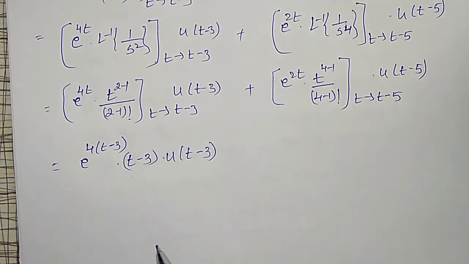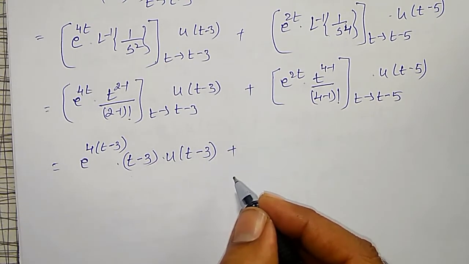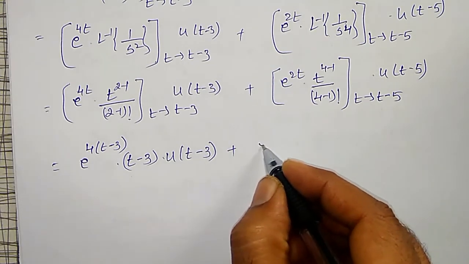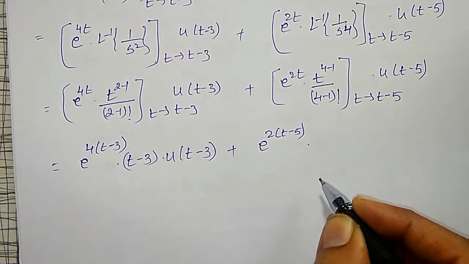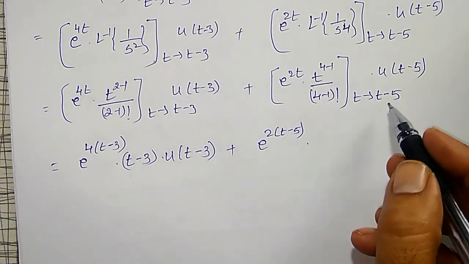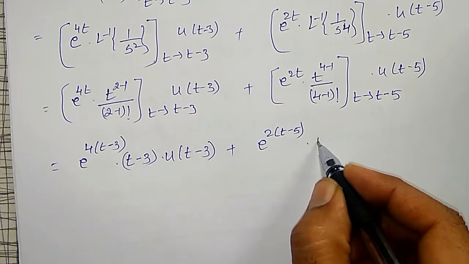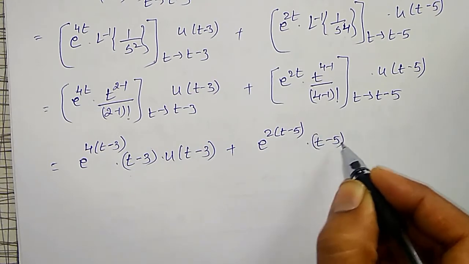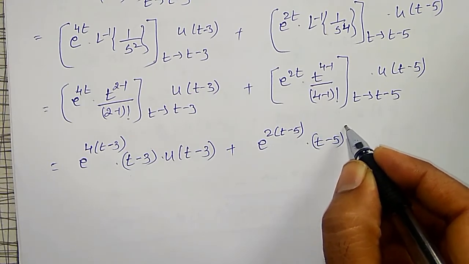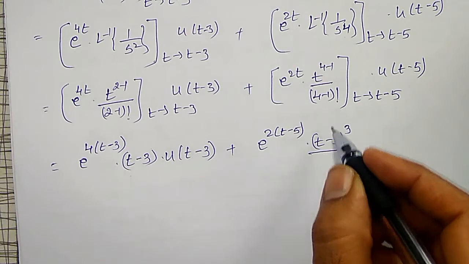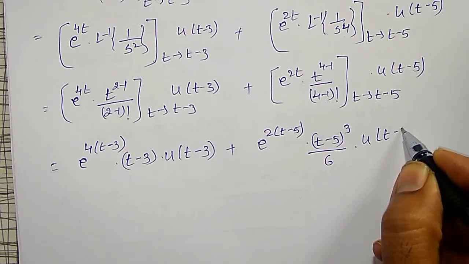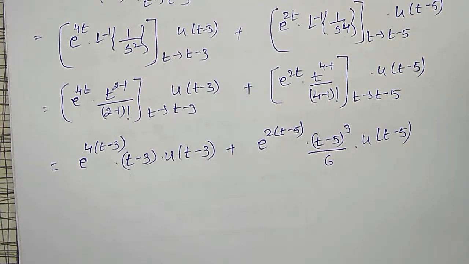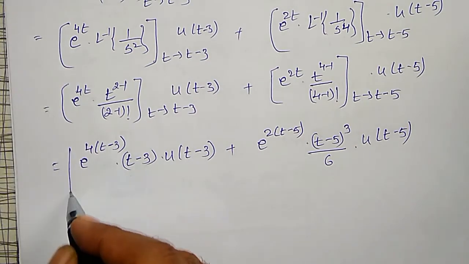This is the first term's answer, plus the second term, e to the power 2 into (t minus 5), into t cube, but t is replaced by t minus 5. (t minus 5) raised to 3 divided by 3 factorial, which is 6, into u of t minus 5. This is my required answer.